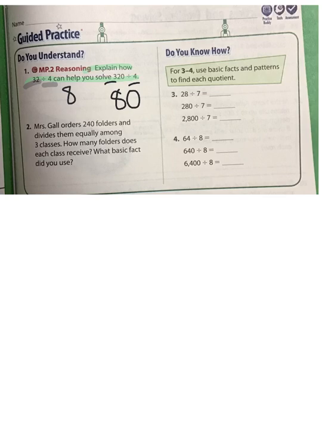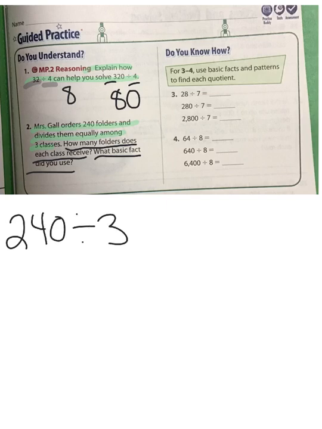Number 2, Mr. Gall orders 240 folders and divides them equally among 3 classes. We want to find out how many folders each class receives, and what basic fact did you use? So we have 240 divided by 3.